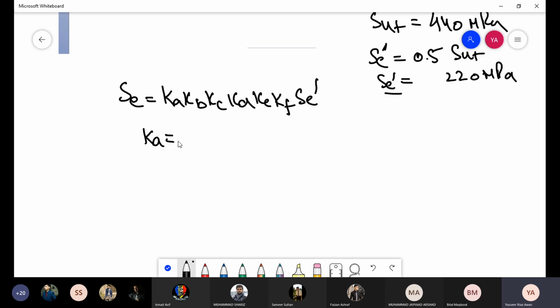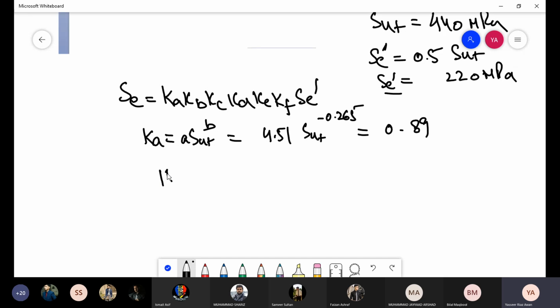And for all of that, we have a formula something like a Sut to the power b, and this value of a, b changes for different surface finish. So for cold work finish, this is applicable. So that gives us the surface factor of 0.89.